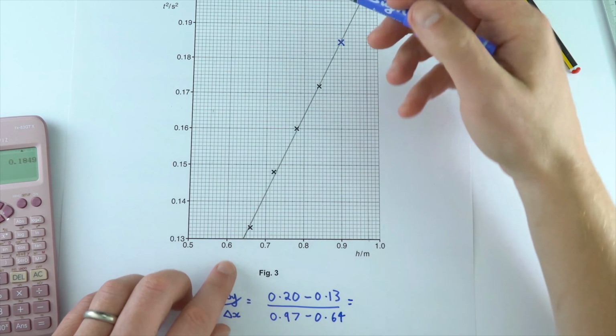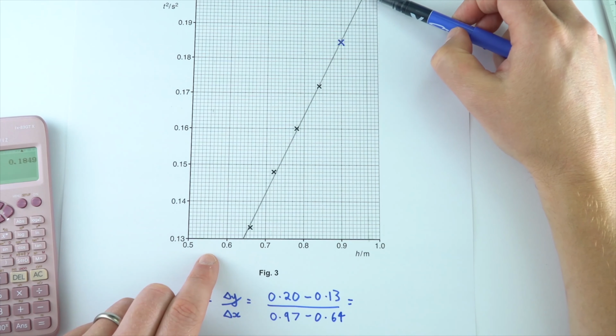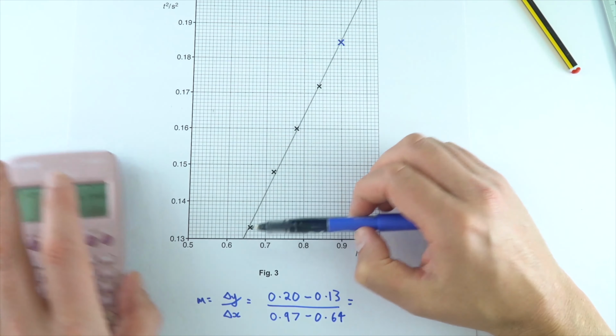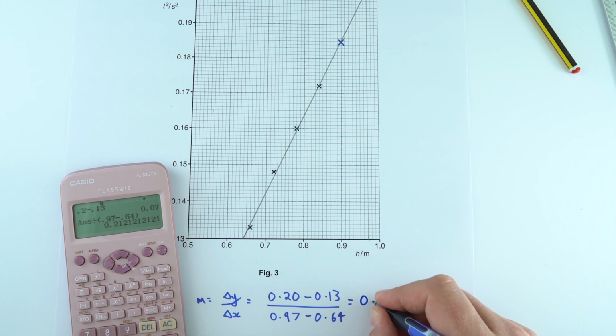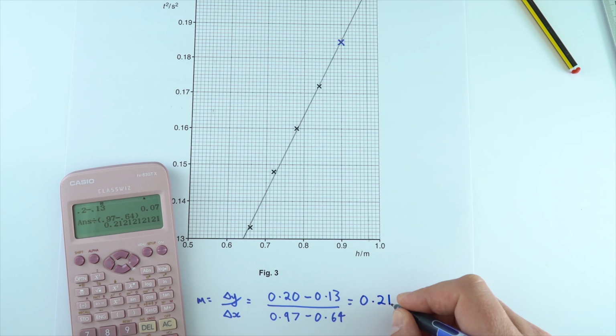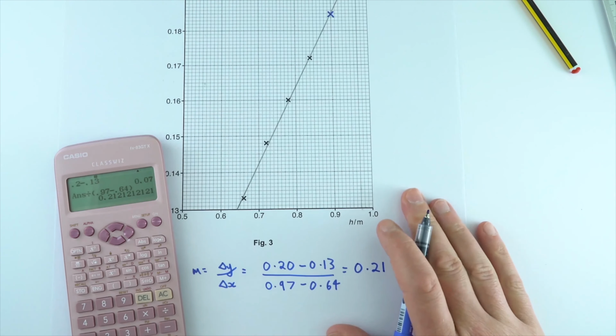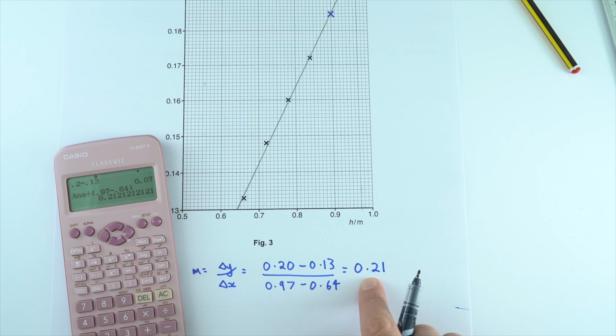So it's just worth taking time to actually make sure you've got the right coordinates here. So 0.2 take away 0.13, divided by 0.97 take away 0.64, and this gives me a value of 0.21. Okay, so I think that to 2 significant figures is an appropriate answer to give my gradient.